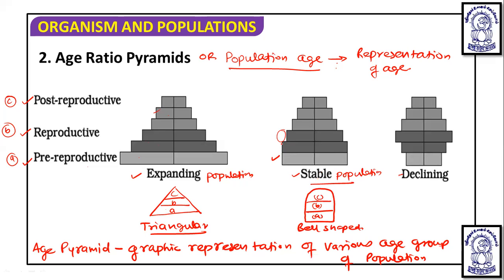So there will be no major increase in the population. This type of population is said to be stable or mature, and there is no increase or decrease in its size, due to the growth rate being almost zero in a stable population.